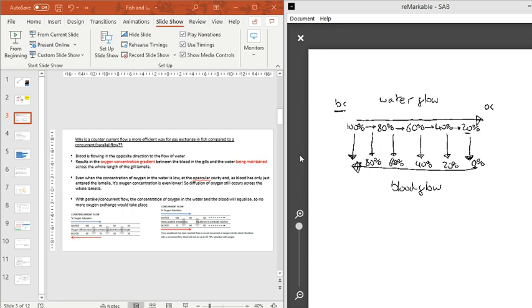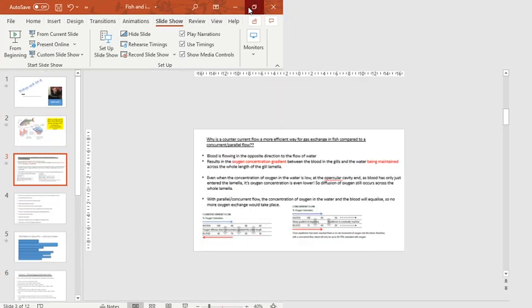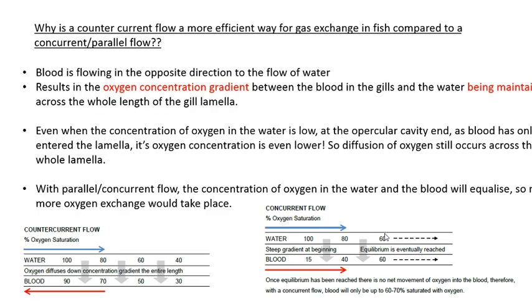If it was a concurrent flow, I'm going to go back to the PowerPoint for this bit. If it was concurrent, you'd get an amazingly steep gradient at the beginning, so loads of diffusion of oxygen into the blood at the start, but halfway across you'll get an equilibrium, and then there'll be no net movement, which means in this case 60% of that oxygen that was in that water doesn't diffuse across.